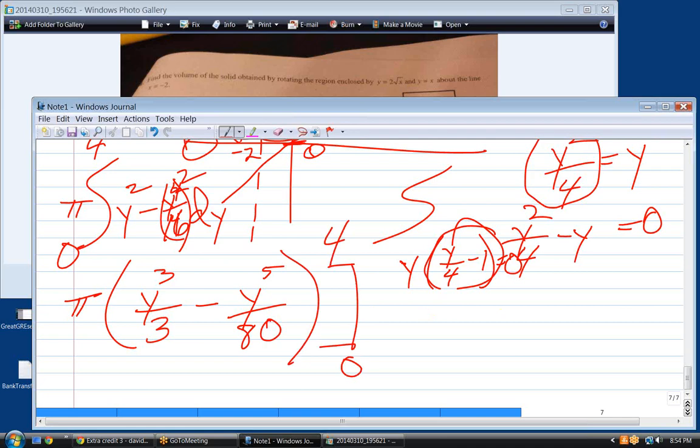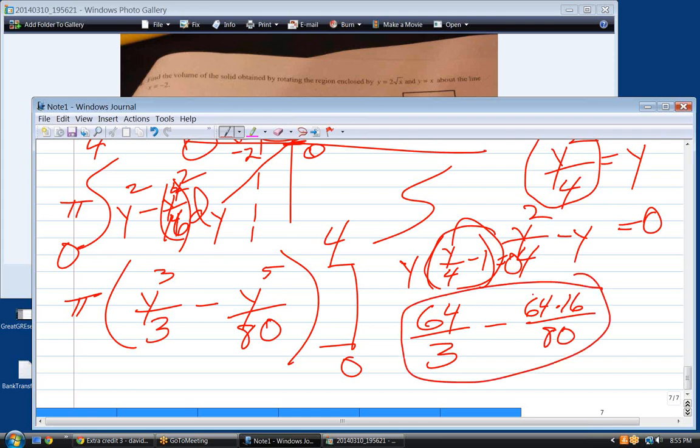So I have 64 thirds minus, oh my God, what is 4 to the 5th? 64 times 16. You got a calculator handy? Let me write it as that. It might factor because there's an 80 under it. So that times pi is our answer.